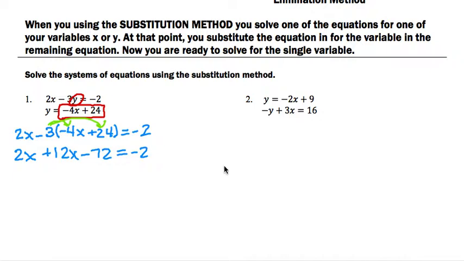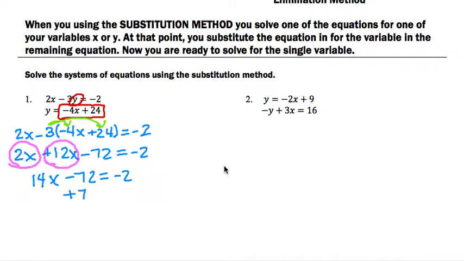So now on the left-hand side, I have like terms. So 2x and 12x are like terms, so I can combine those, which gives me 14x minus 72 equals negative 2.